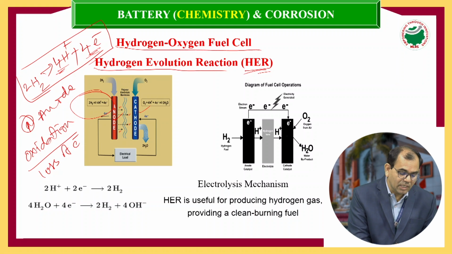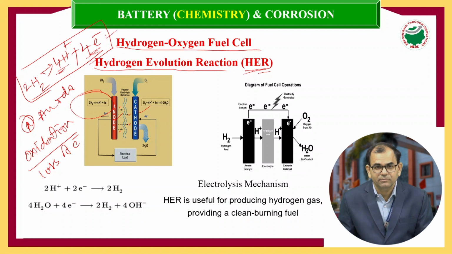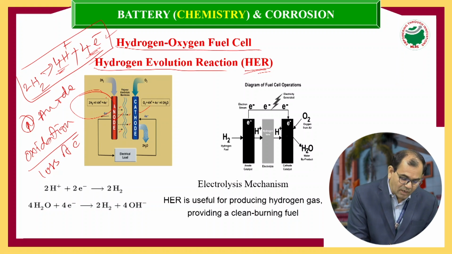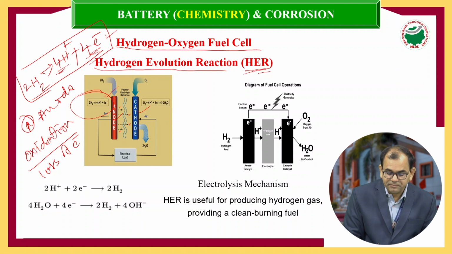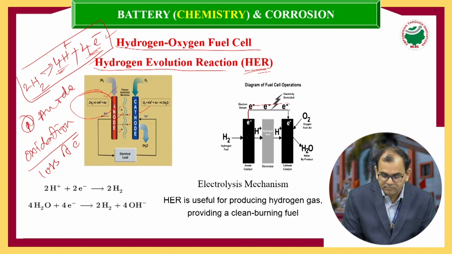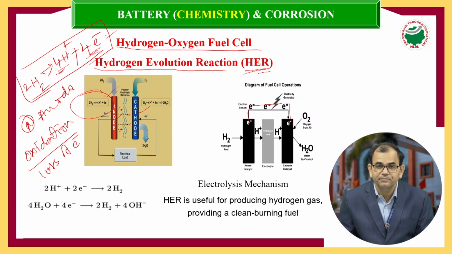That means hydrogen lost its electrons, and loss of electron is oxidation. The electrons released at the anode help us make a circuit between anode and cathode.